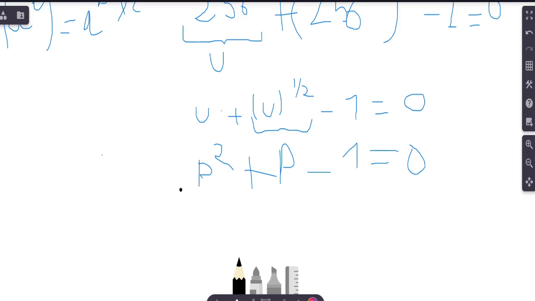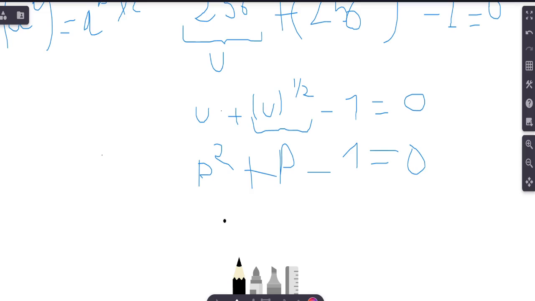So here we have a second degree equation, and if you remember my other video, there is a card displayed at the top of the screen. You can see that we have already solved this second degree equation.